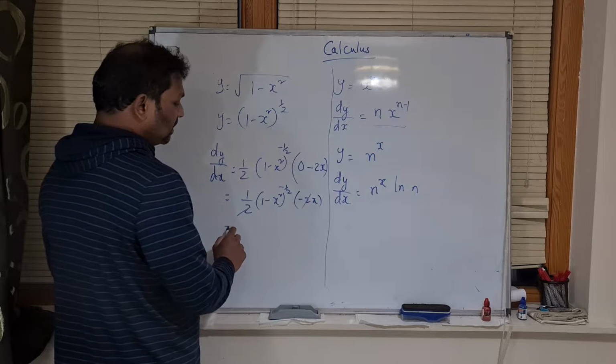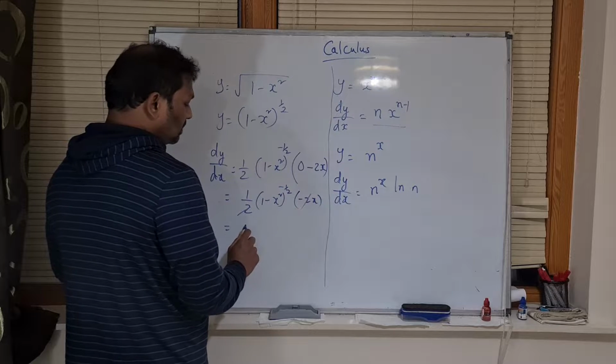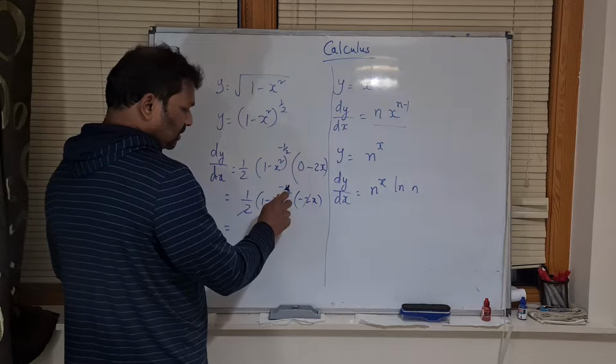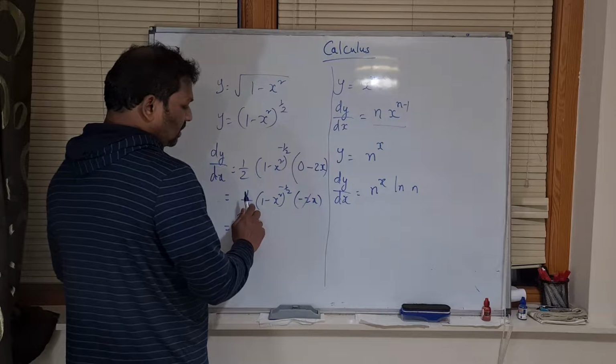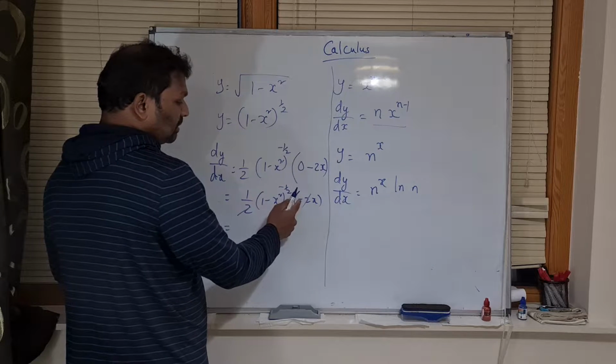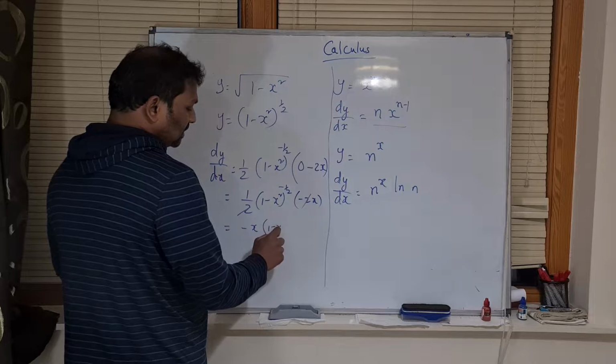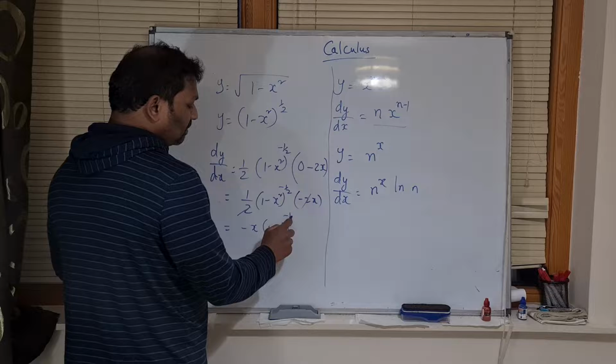Yeah. So 1 minus x square whole to the power of minus 1 by 2 times x, times minus x. Minus x, 1 minus x square whole to the power of 1 by 2.